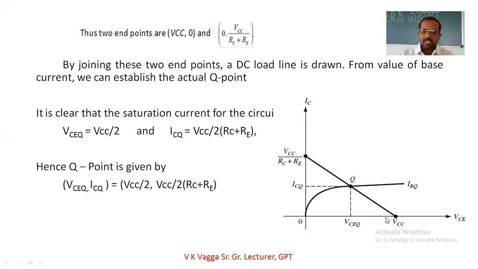VCEQ is exactly half of VCC, so VCEQ is equal to VCC divided by 2. In the same way, ICQ is half of the saturation current, so ICQ is equal to VCC divided by 2 into RC plus RE. With these two points, the operating point Q is obtained as VCEQ comma ICQ equal to VCC divided by 2 comma VCC divided by 2 into RC plus RE.